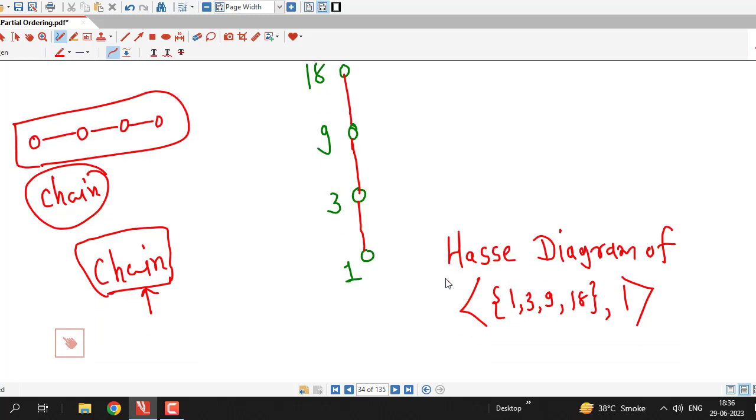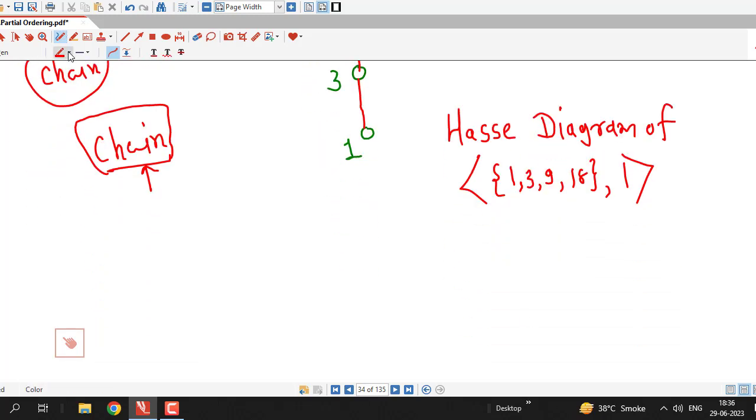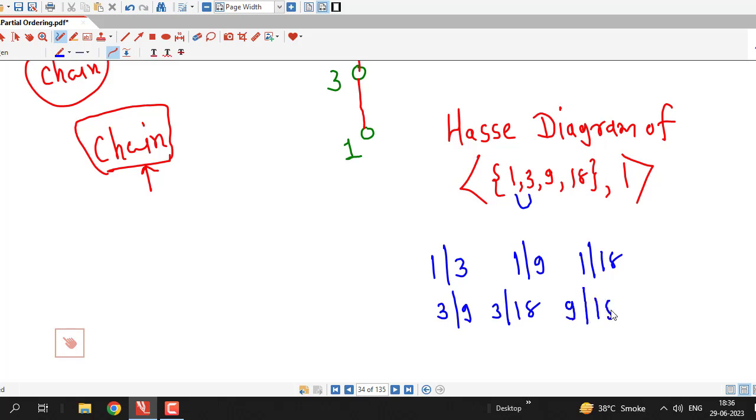And here we can see by the definition also, if we take any two elements from this set, then they are related. If I take 1 and 3, then 1 divides 3, similarly 1 divides 9, 1 divides 18. Then if I check for 3, then 3 divides 9, 3 divides 18, similarly 9 divides 18.